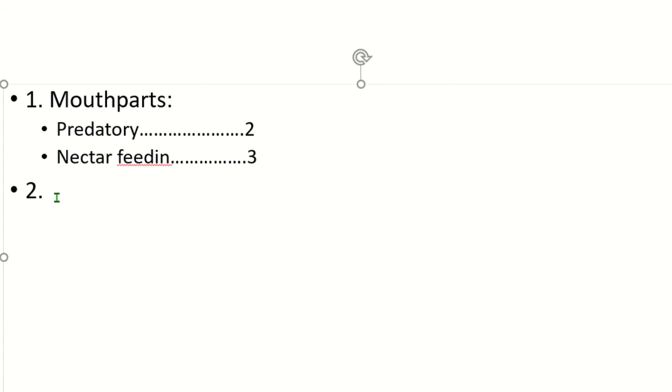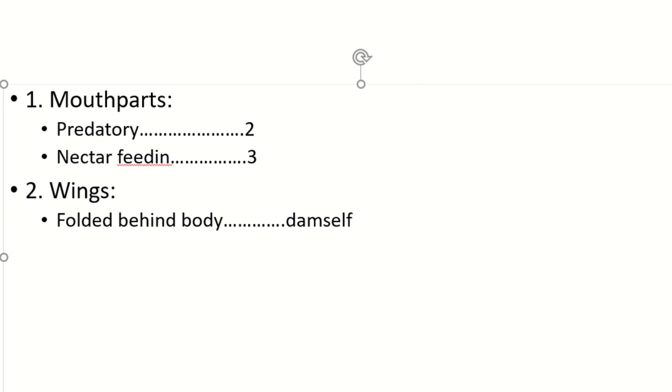Sorry, the PowerPoint's being a little bit of a pain. So now I have to say wings. If they're folded behind the body, we're a damselfly. If they're extending away from the body, they are going to be the dragonfly.